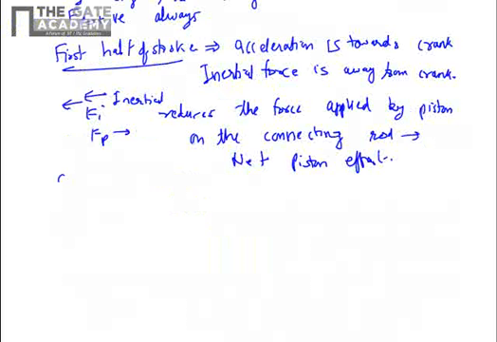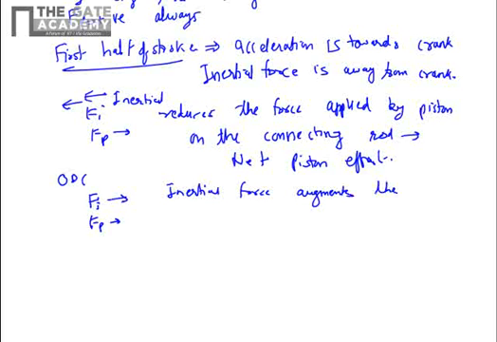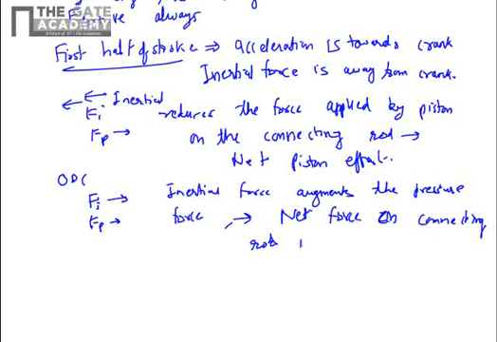In the later half of the stroke toward the outer dead center, this thing gets reversed. So Fi is also towards the crank pin and Fp is also towards the crank pin. So the inertial force augments the pressure force, and net force on connecting rod is increased by the same amount.